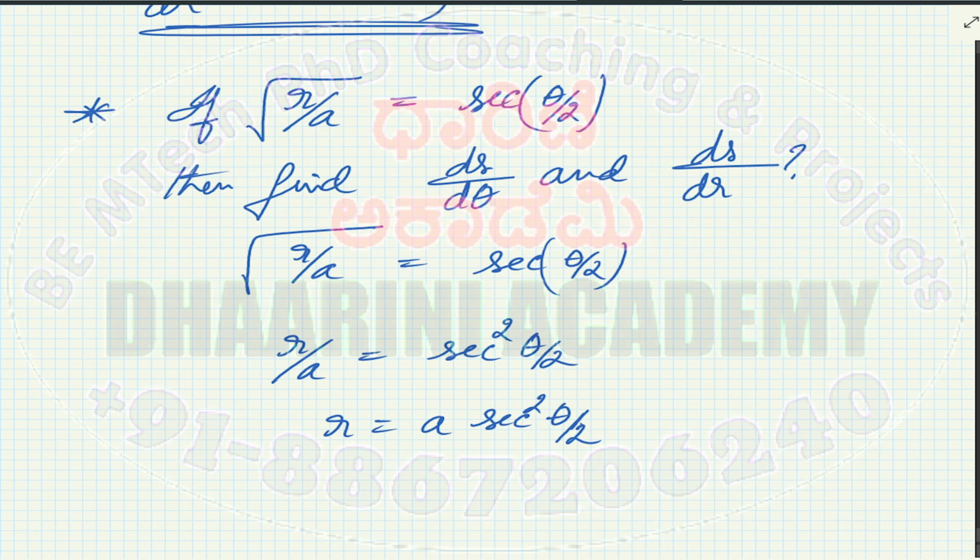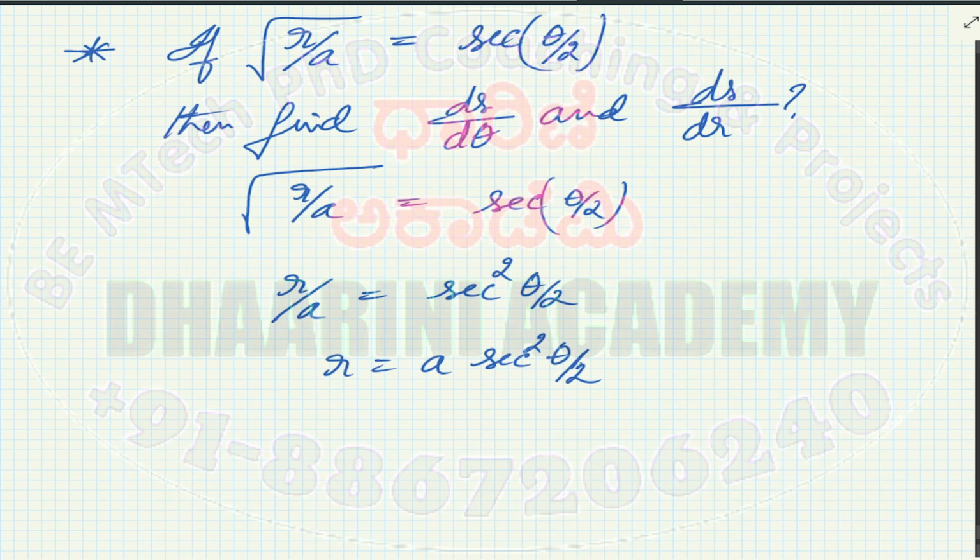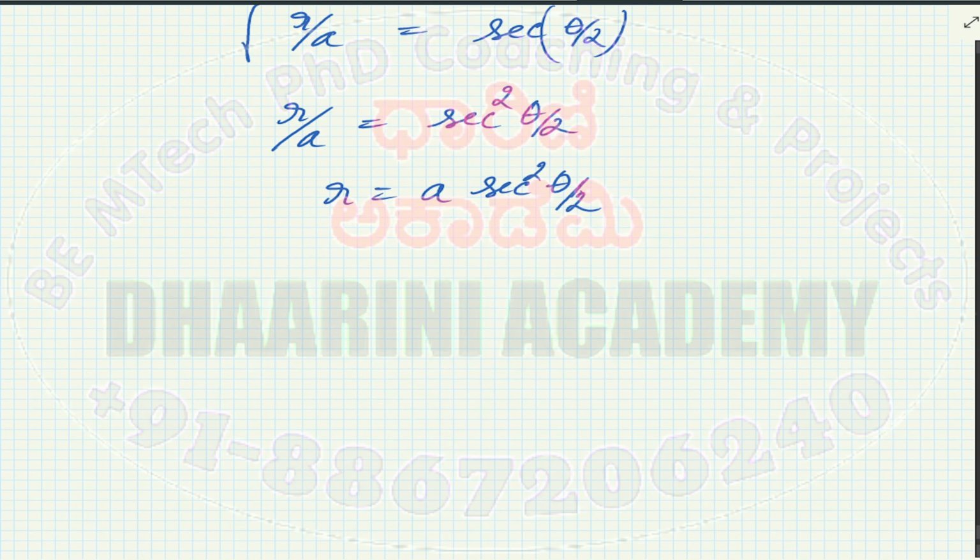Now since this particular curve is a polar curve, I should follow the rules of polar. So what I want is dr by d theta. Okay, so differentiate this given function with respect to theta.